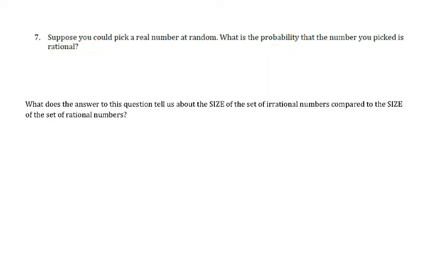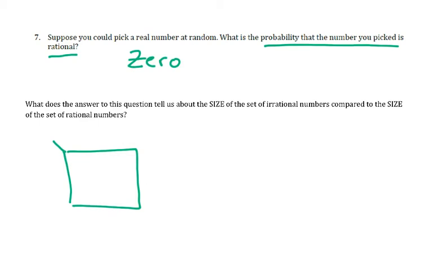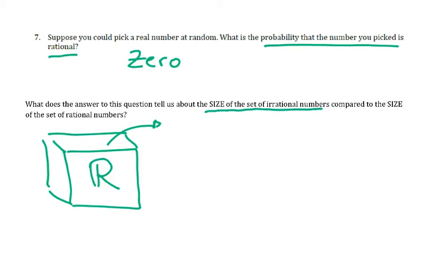Why is it important? Well, if the probability that you can pick a rational number at random is 0, and we have this box of all the real numbers here, and when you pick a number, it's always irrational, what does that tell you about the size of the set of irrational numbers compared to the size of the set of rational numbers?